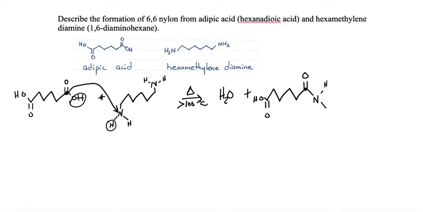So there's 1, 2, 3, 4, 5, 6, and another amine group on the end. There we go. There's our first functional group, the amide, right here. Carbon double bonded to an oxygen, and single bonded to a nitrogen. This is, of course, a polyamide, so we're going to make many, many amides together.